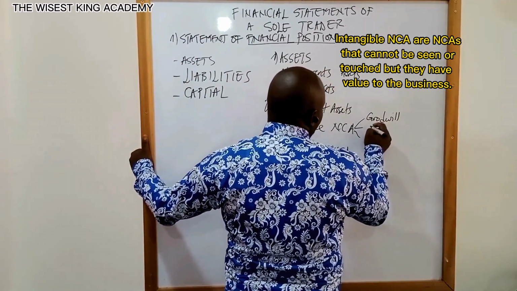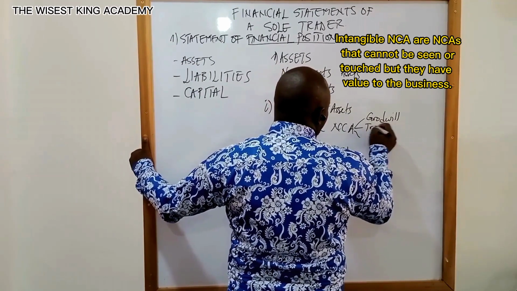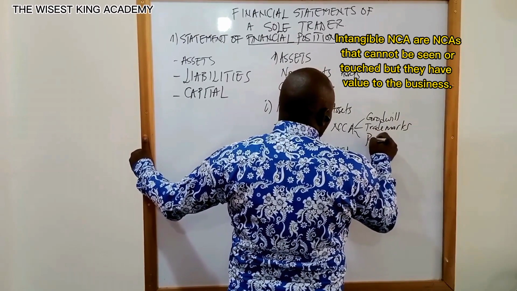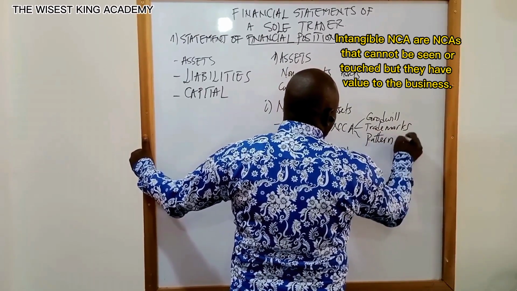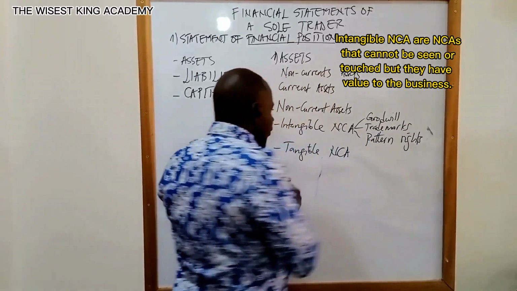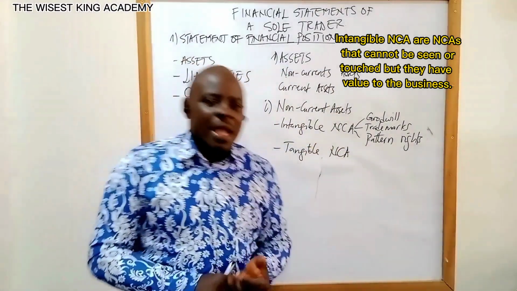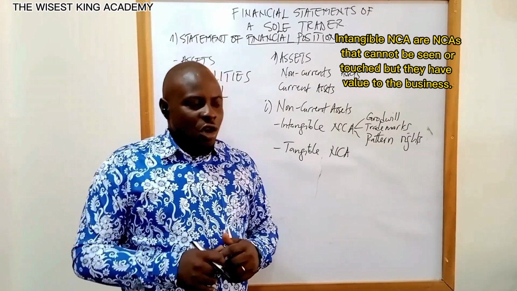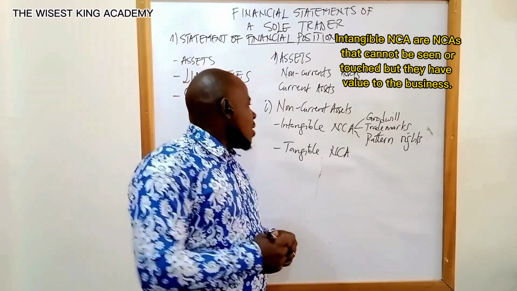Examples of intangible non-current assets are goodwill, trademarks, patent rights, etc.